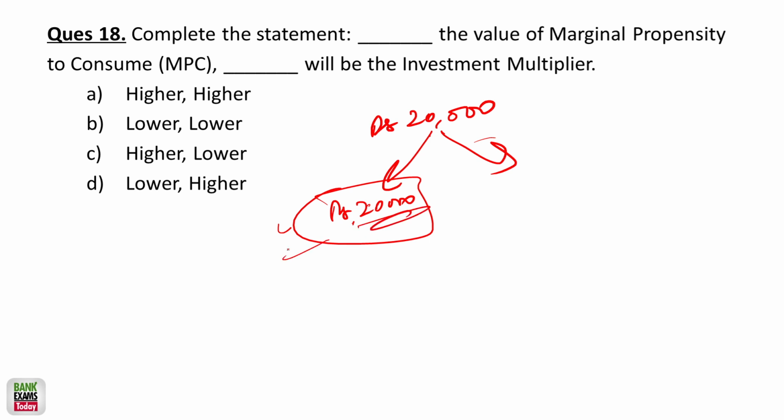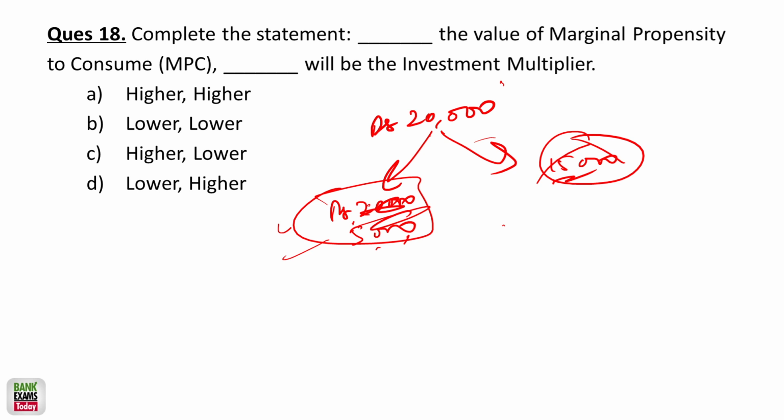Whatever you spend is somebody's income. But what if you spend just 5,000 rupees and put 15,000 in your piggy bank? What will happen? That is not somebody's income, while the 20,000 is somebody's income. Are you getting it?